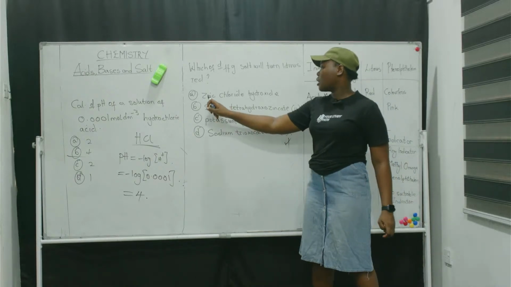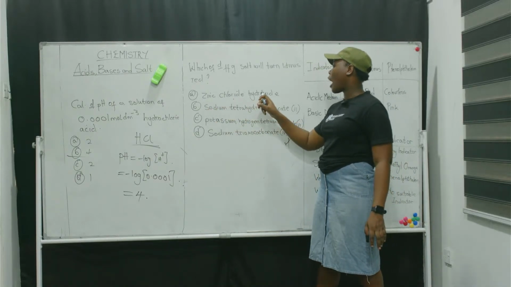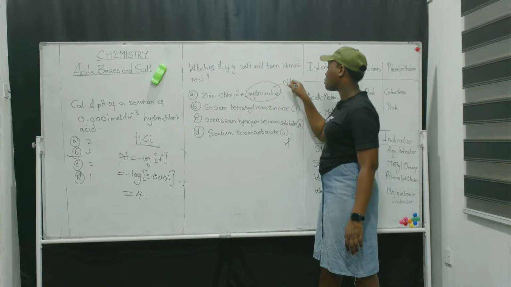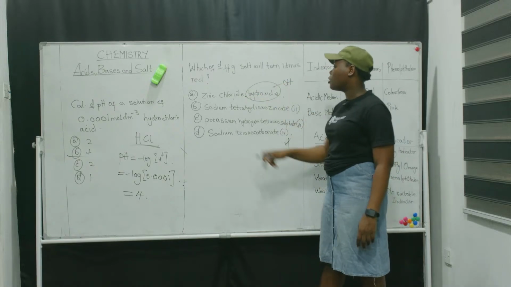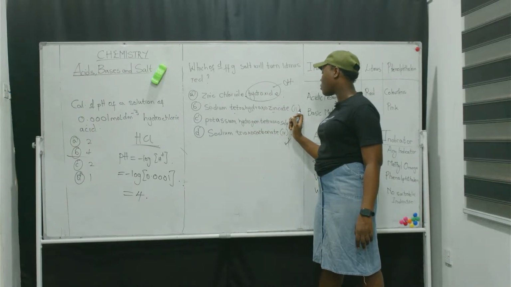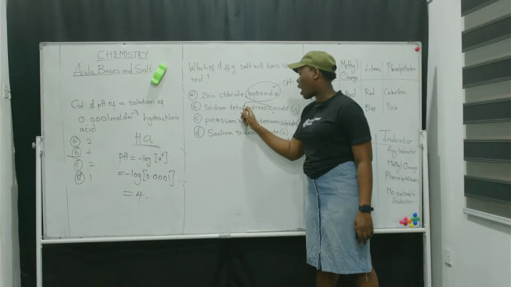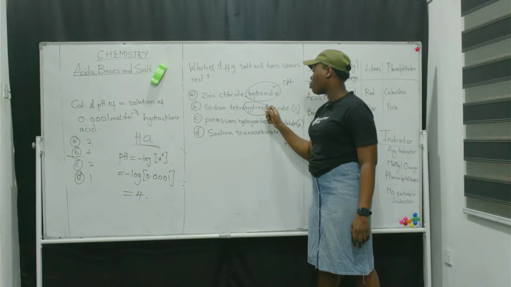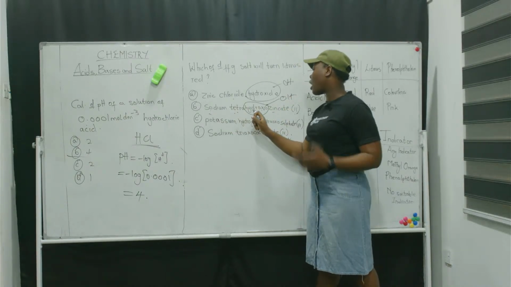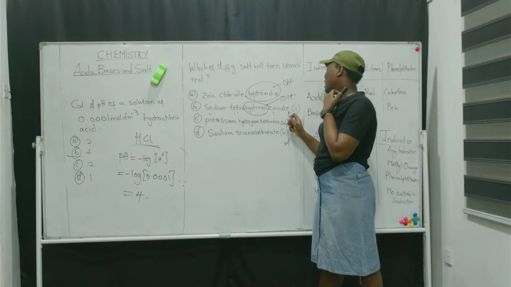This is zinc chloride hydroxide. There is OH there, so that is basic, right? B, sodium tetrahydroxosilicate.